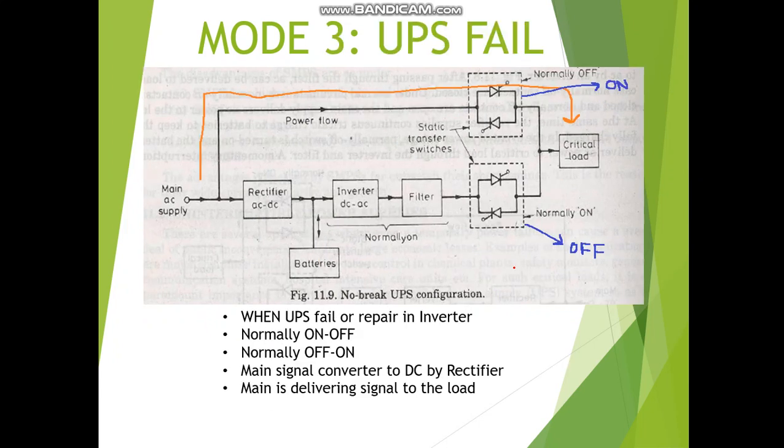In the third mode of operation, called UPS fail, if there is any failure in the UPS or any repair in the inverter, then this mode will operate. Here the main signal is converted to DC by the rectifier, and at the same time the main is delivering the supply to the load.